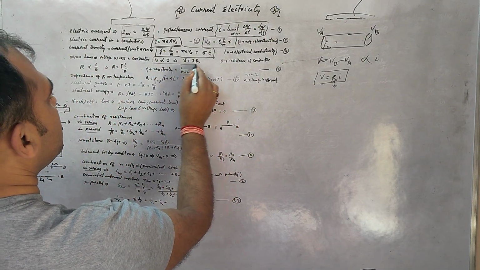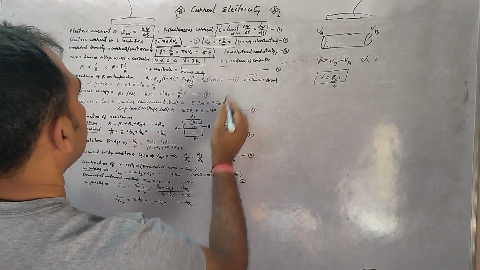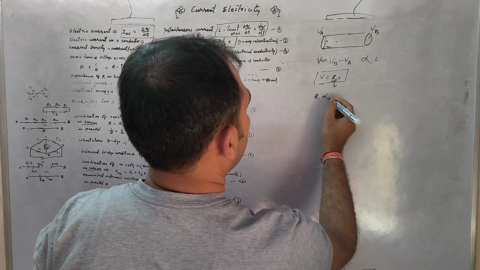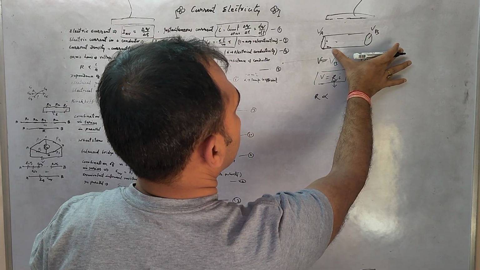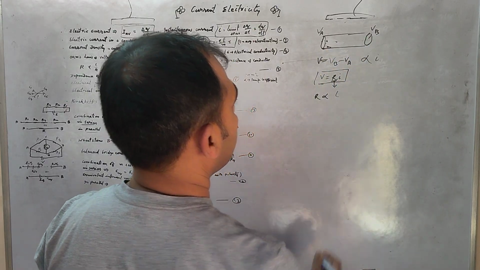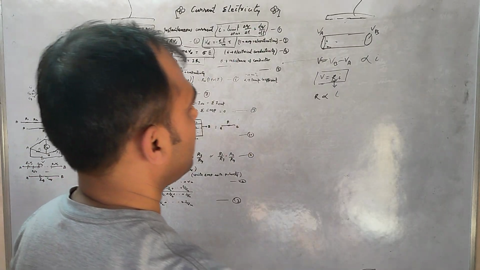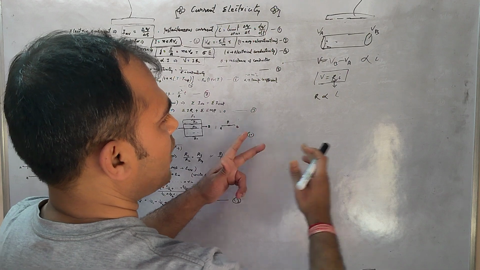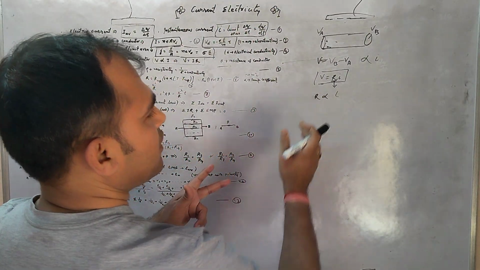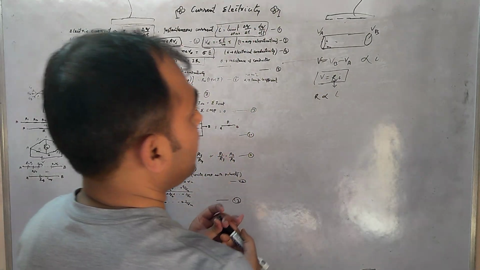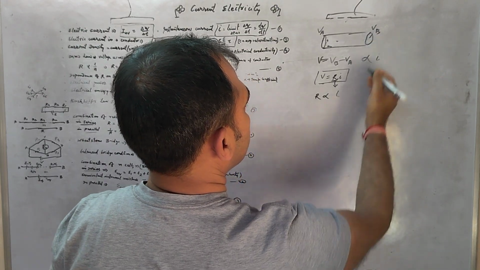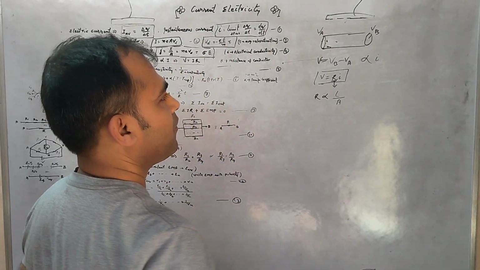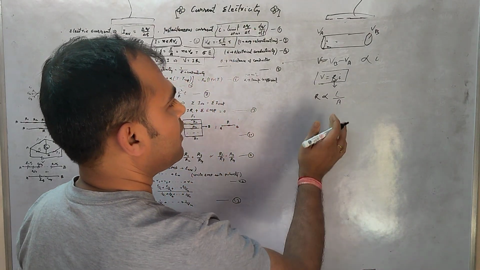So here it is, this R is the resistance. Now R is directly proportional to length. If length is larger, then resistance will be increased, and if cross section area is smaller, then also resistance will increase.